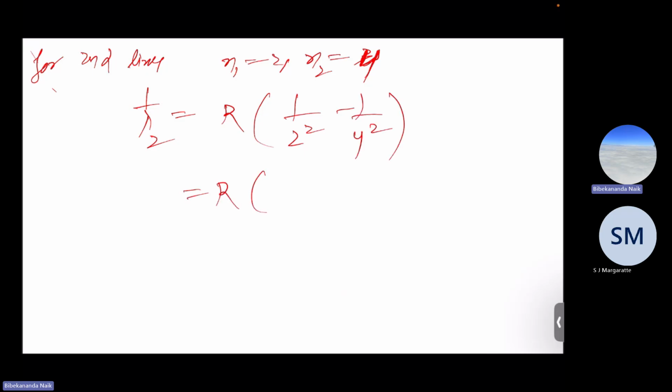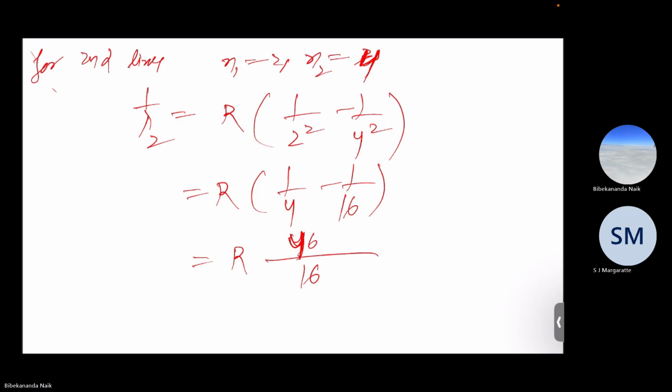So it will be R into 1 by 4 minus 1 by 16, which is R into 4 minus 1 over 16. It will be 3R by 16.